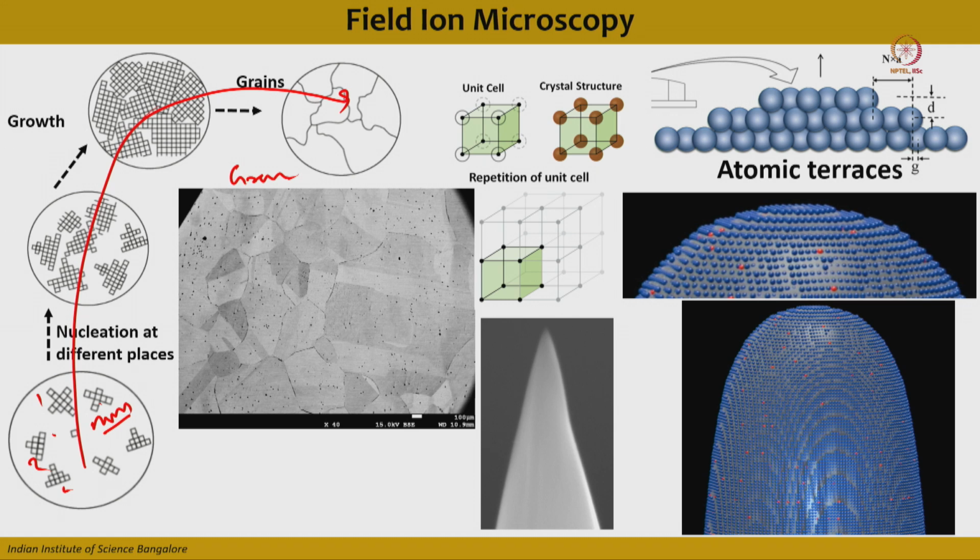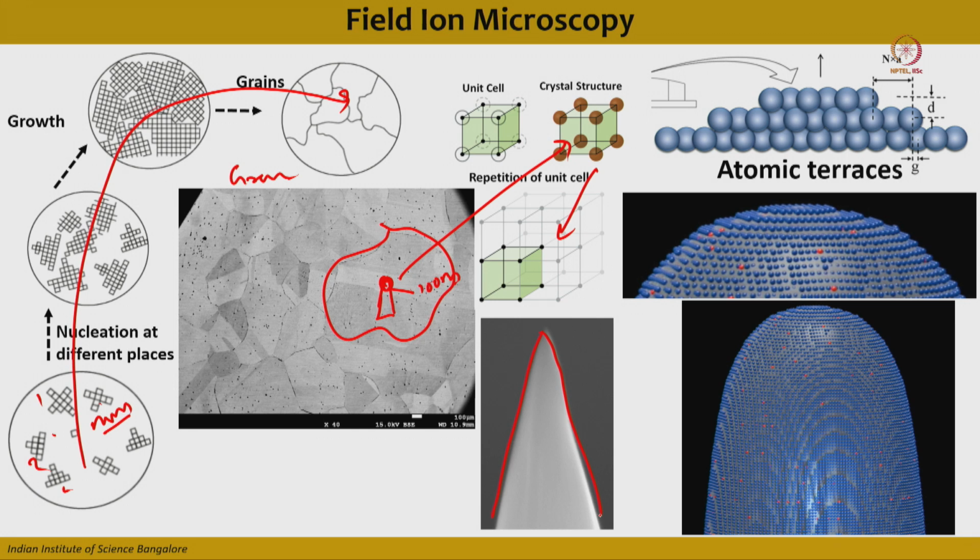As also described in the previous class, one particular grain has one particular crystal structure, which is nothing but a repetition of the unit cell. Now, if I prepare a sharp needle from this particular region only, with a radius of curvature of less than 100 nanometers, this is a particular needle.